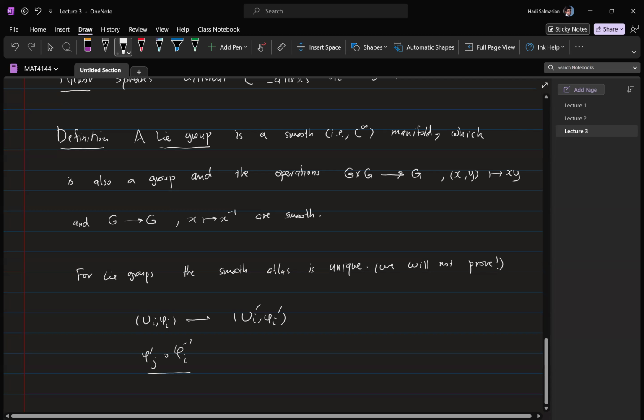So this is an atlas on M, and this is another atlas on M, and we say they're equivalent if these transitions are, for example, if this is a CP atlas and this is a CP atlas, we say they're equivalent if these maps are all CP. So the notions of differentiability are the same.